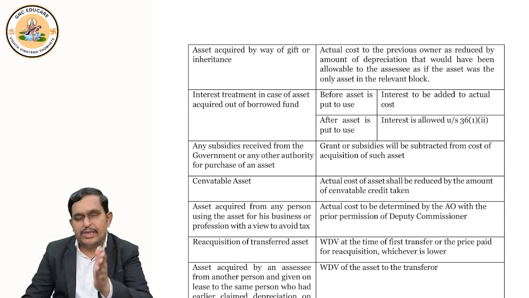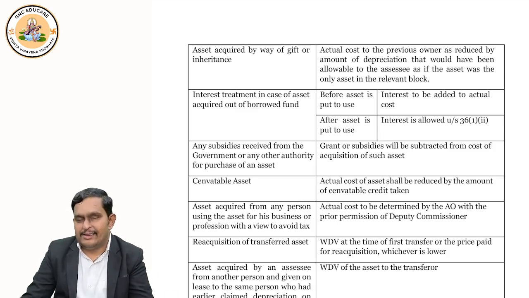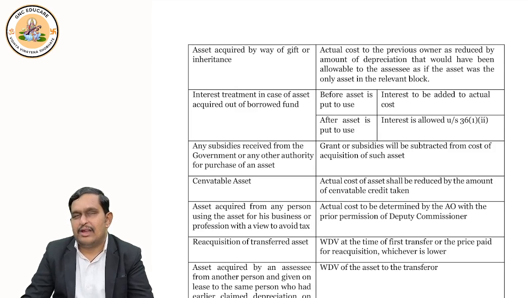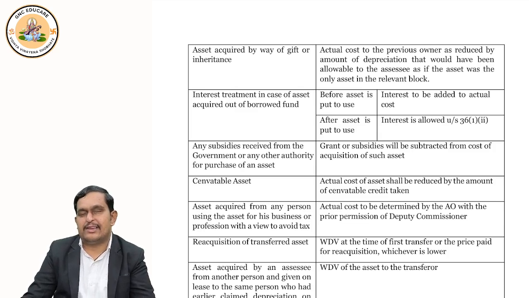So either you claim input tax credit under GST or you claim depreciation under income tax, but you cannot do both. Don't think, 'I'll claim input tax credit and I'll also claim depreciation under income tax. Who will check?' Don't feel like this, because data is shared.